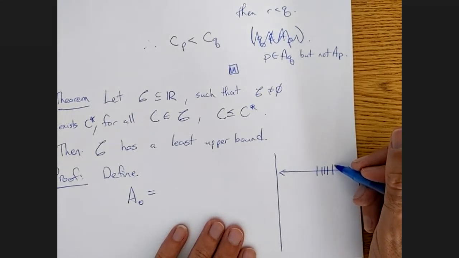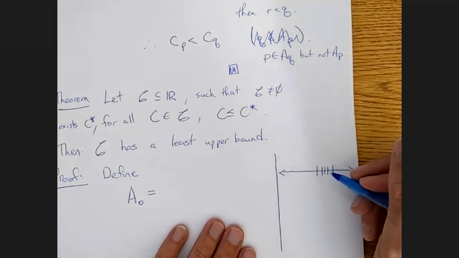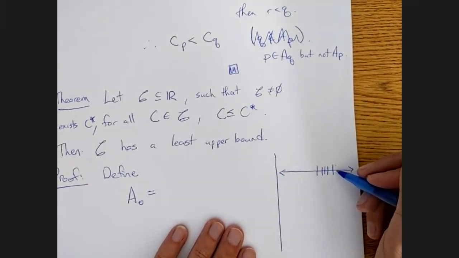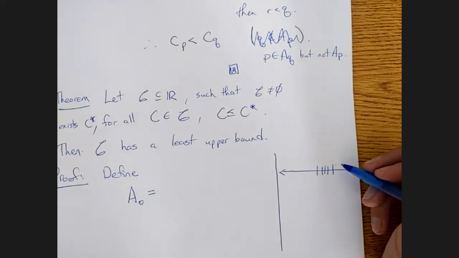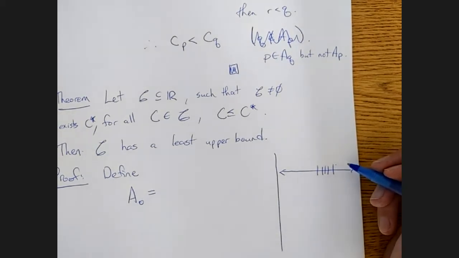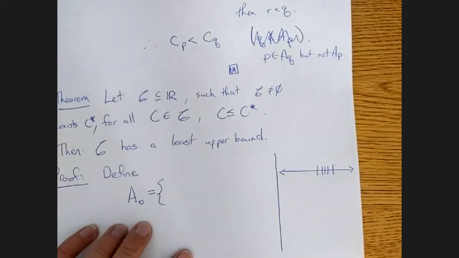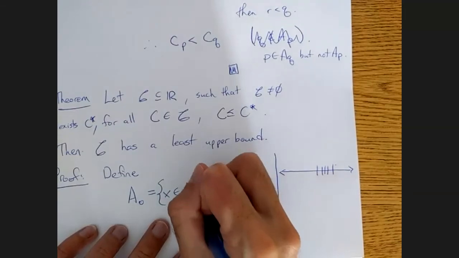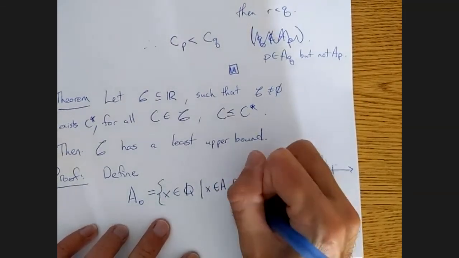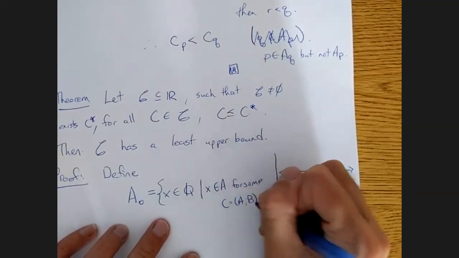To get the biggest cut, let's just take the union of all the A's coming from C. So define A naught to be the rational numbers X such that X is in A for some cut (A, B) in our subset.